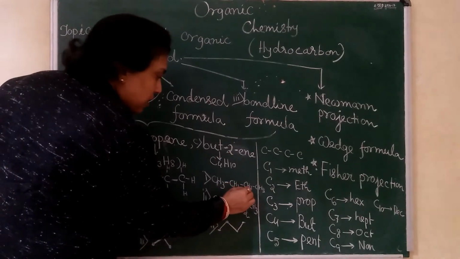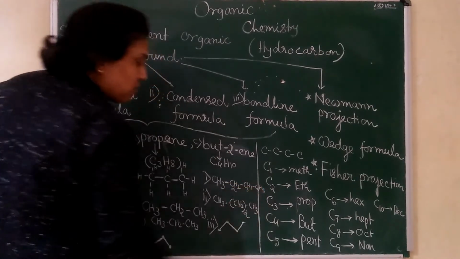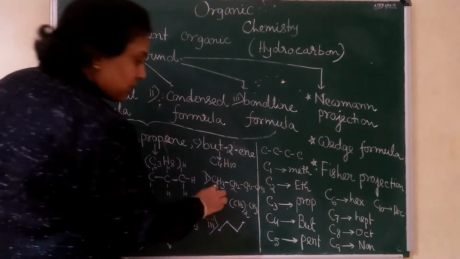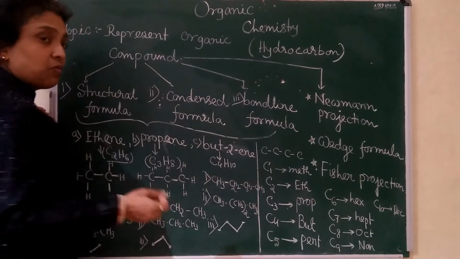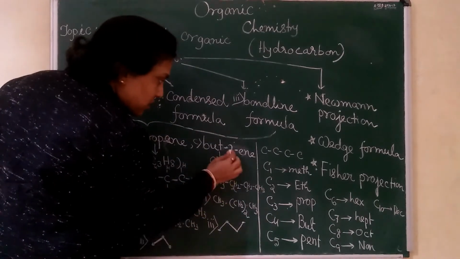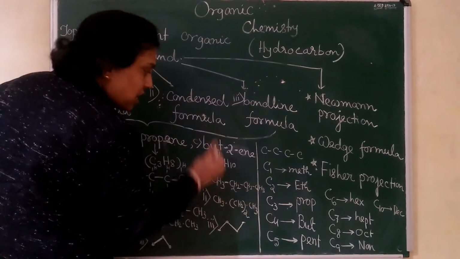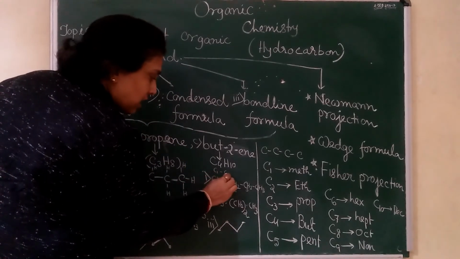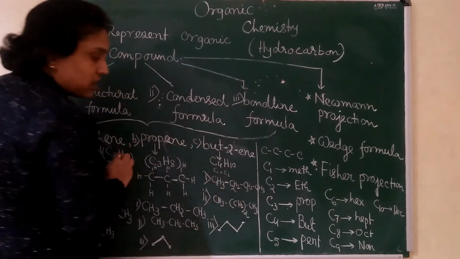Understood? How we write 1-ene and 2-ene nomenclature rules, you have to do elaborately again. But I hope that in 10th standard you have understood how to represent 1-ene and 2-ene. If it is 1, that means there is a double bond in between carbon 1 and carbon 2. So this is 1-ene.